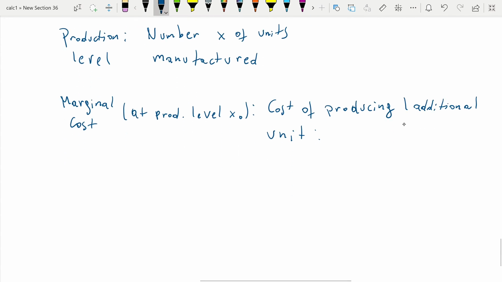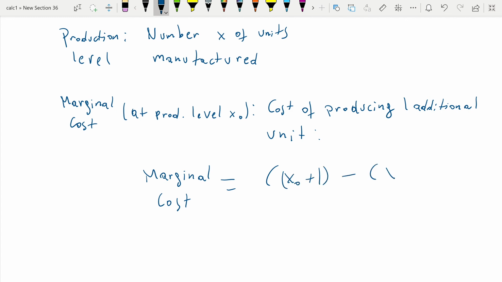So the formula is the following: marginal cost is c of x naught plus 1 minus c of x naught.